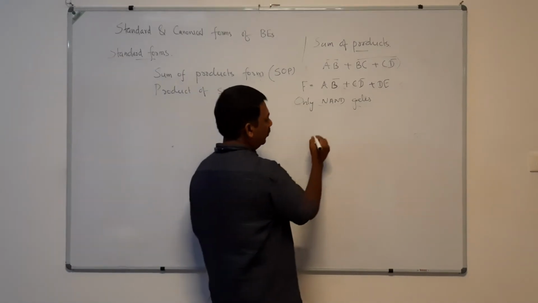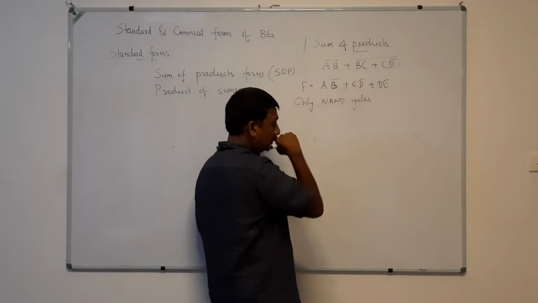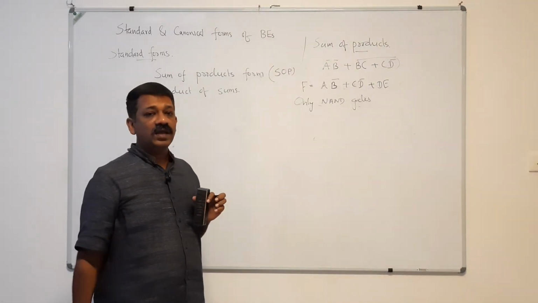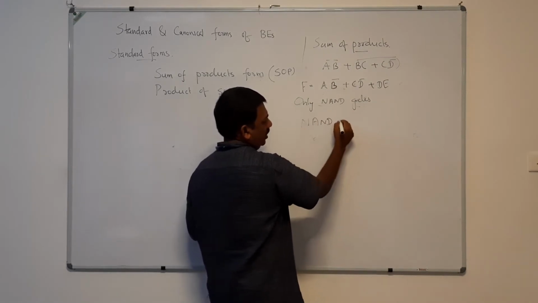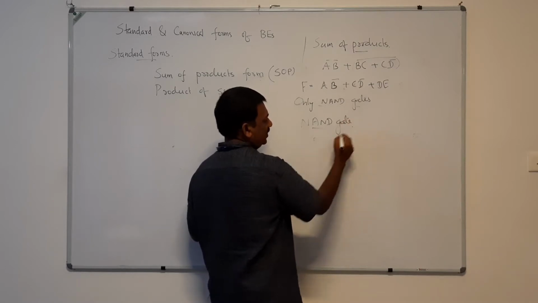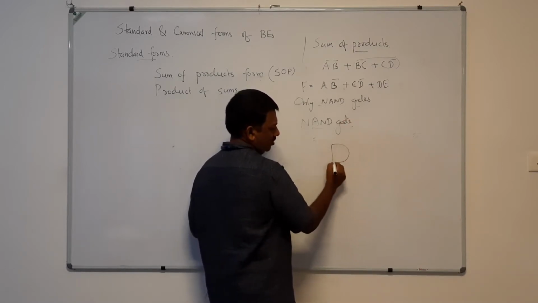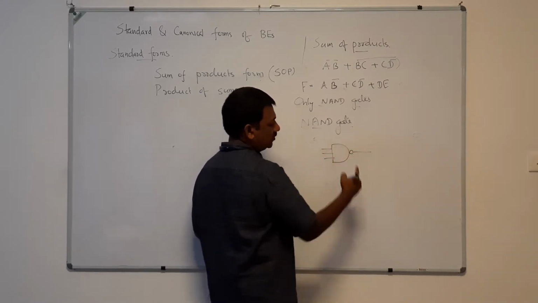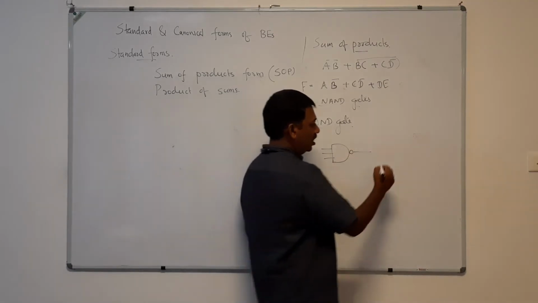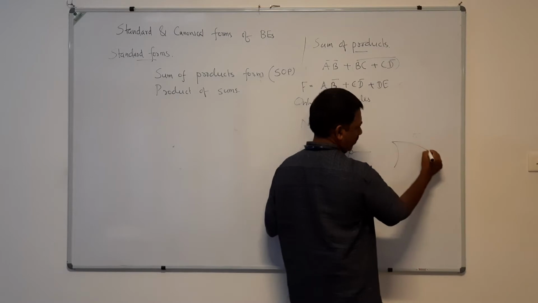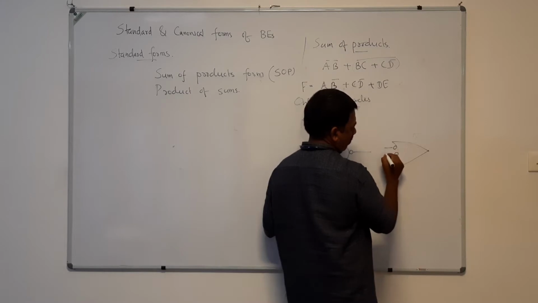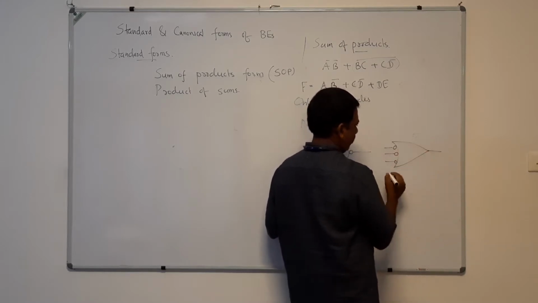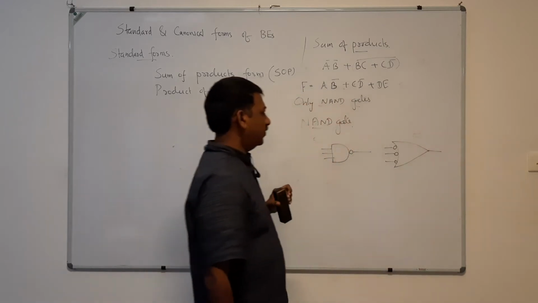As you know, there are two notations for NAND gates. A NAND gate is represented with these inputs and a small circle here. This is the NAND gate, and this is another representation of NAND.